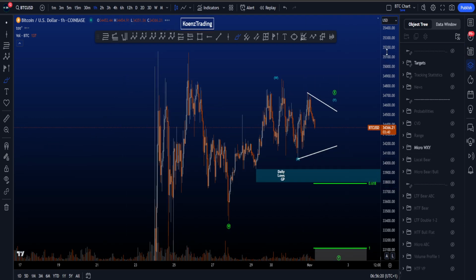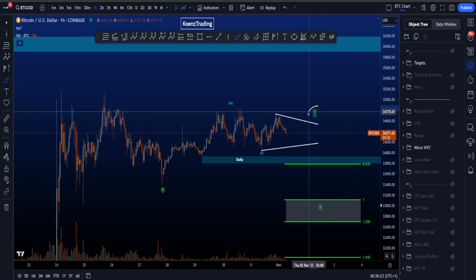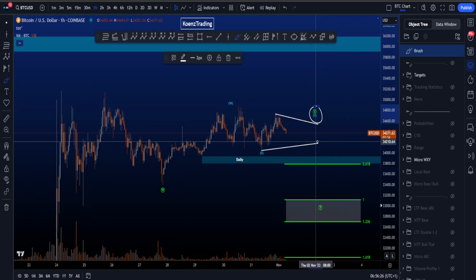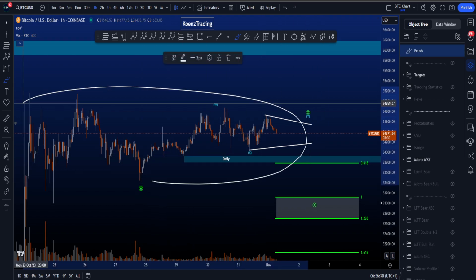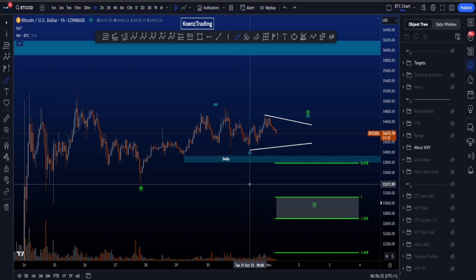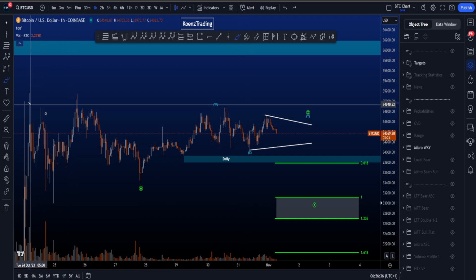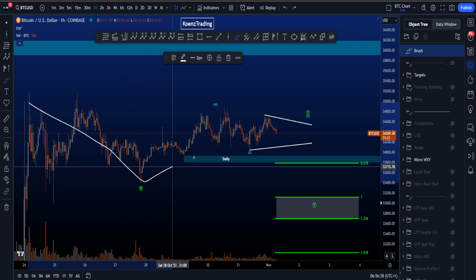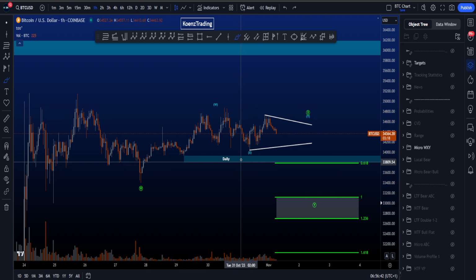Another scenario that I do have on my chart is a WXY, where wave Y in blue is going to be a triangle. Because of the complexity of this range at the moment, we are starting to be creative as well, and this is definitely still a possible scenario where we have a W in a flat, X is complex, and then we expect a wave Y to the downside.